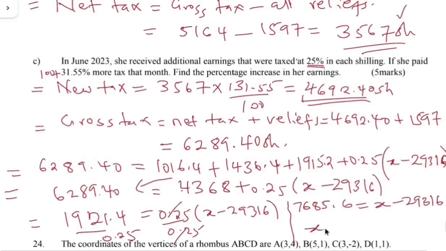Na kupata x itabidi hii negative upeleke the other side, itakuwa addition, so the answer that you got plus 29,316, and the answer gives you 37,001.6. That's not your final answer. 37,001.60 shillings. Swali hujaulizwa kutafuta taxable income.